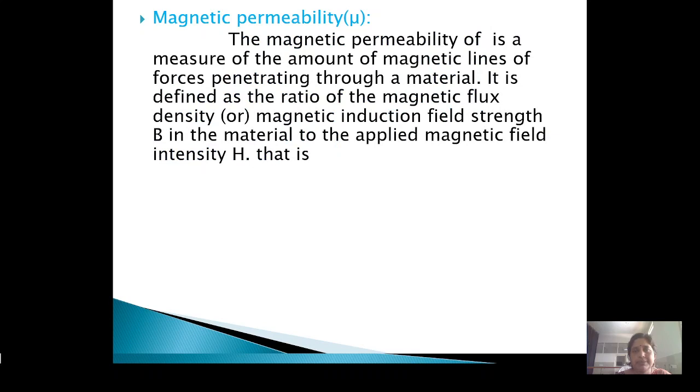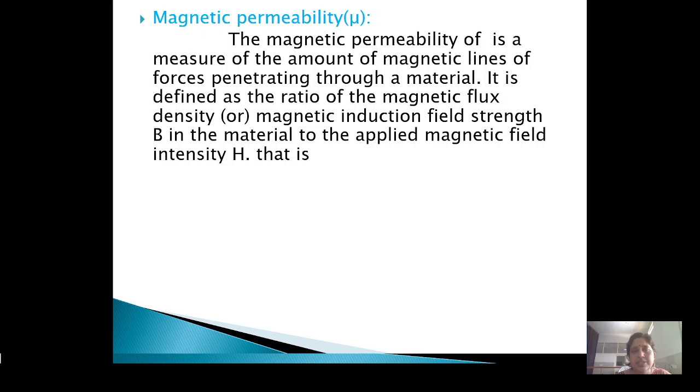Magnetic permeability. The magnetic permeability is a measure of the amount of magnetic lines of forces penetrating through a material.